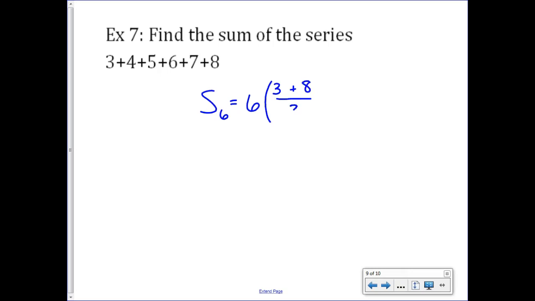And we divide by 2. So we get 6 times 3 plus 8 is 11 over 2. And we get 33. Check it. If you do 8 plus 7 plus 6 plus 5 plus 4 plus 3, you should also get 33 that way as well.